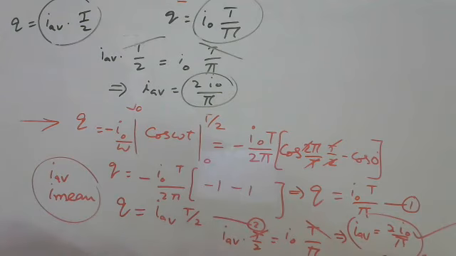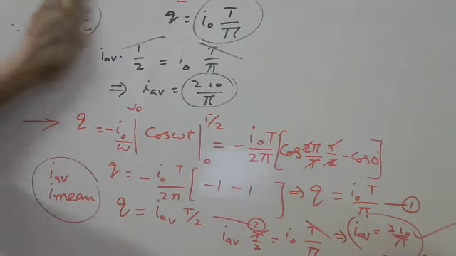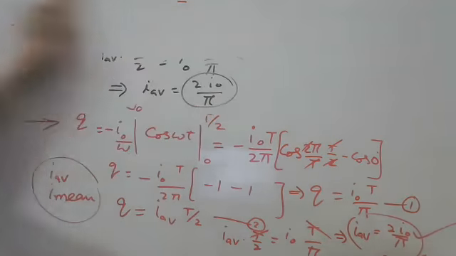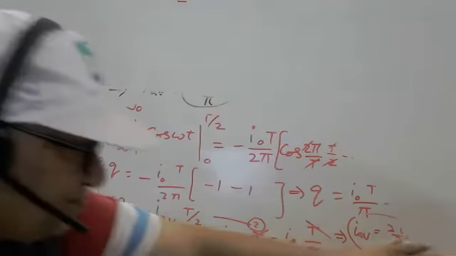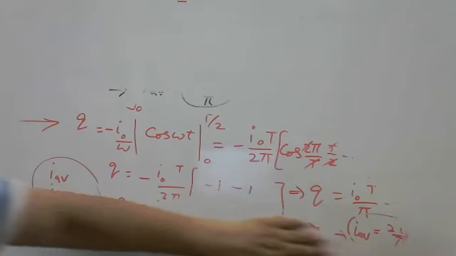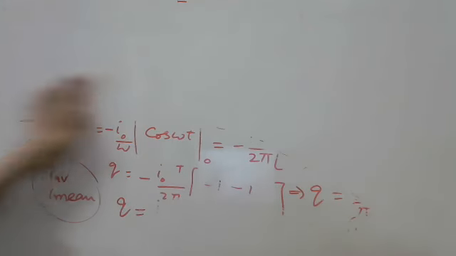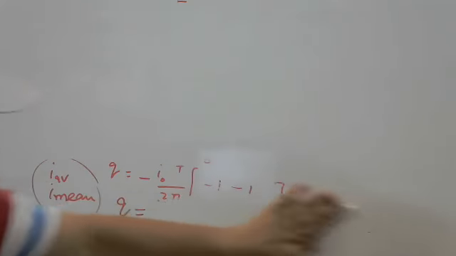Should I proceed to the RMS value? Now we are interested in finding the RMS value for the full cycle, because now we don't have any fear of getting the value 0, because of squaring. Positive square is positive, negative square is also positive, so it will not be 0.